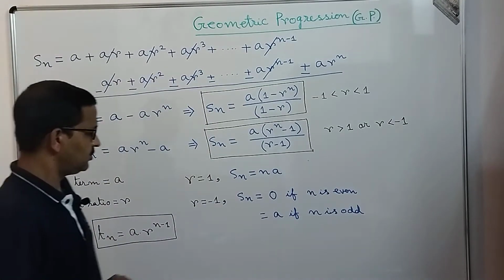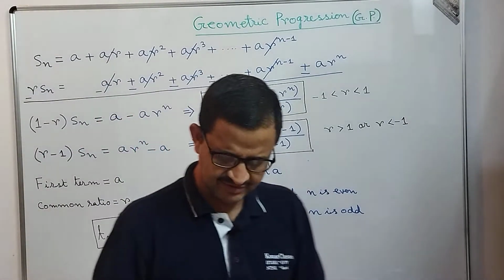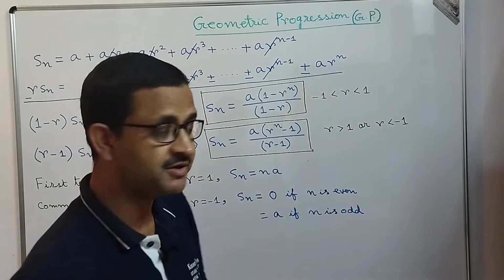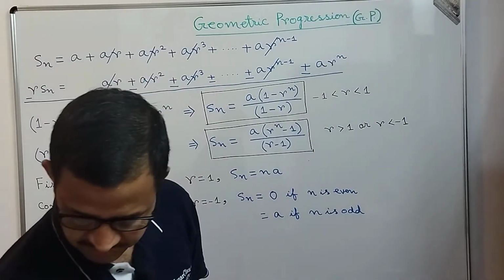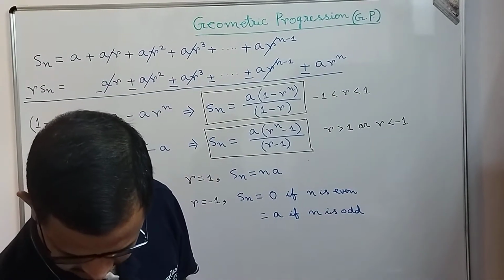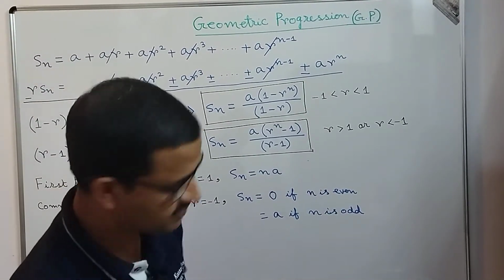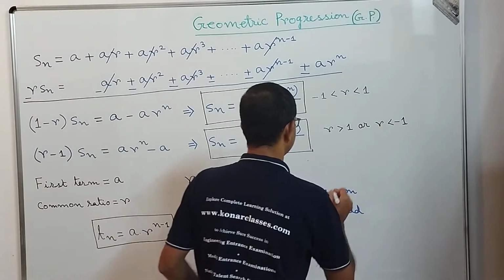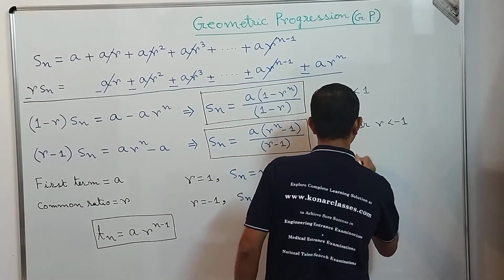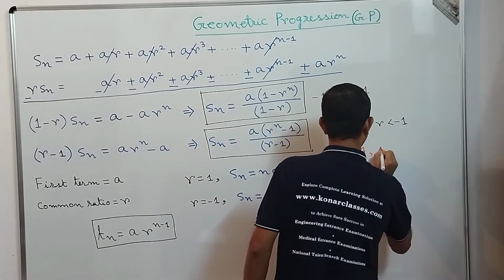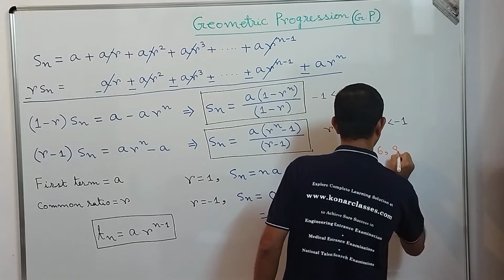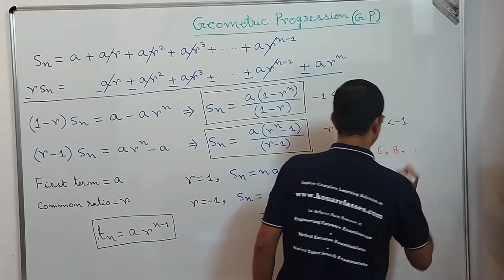Before that, let us understand a few examples of geometric progression. What are the examples of geometric progression I can show you? The first one is something like this: 2, 4, 6, 8, and so on.